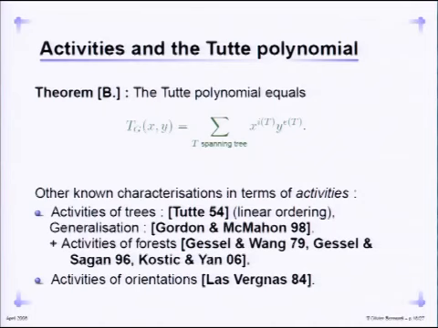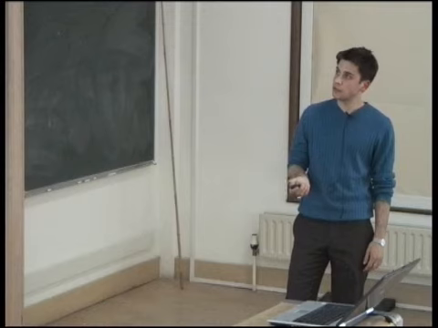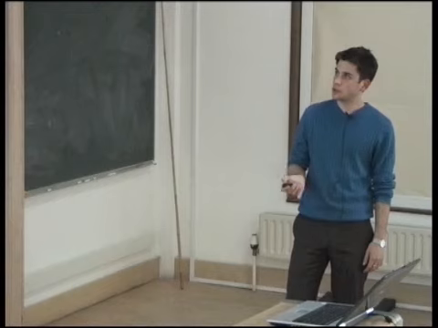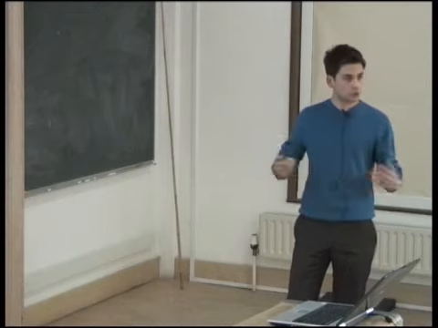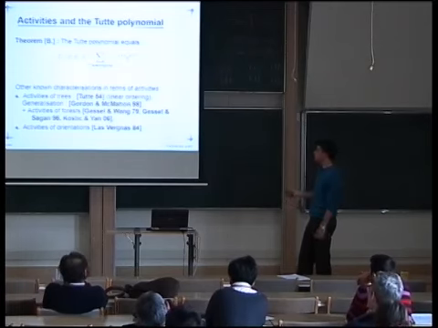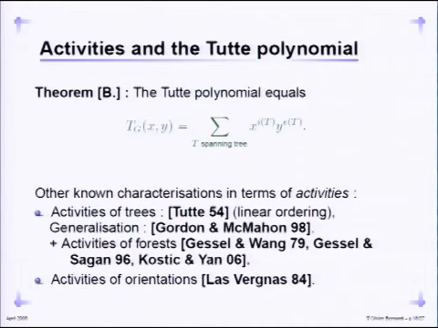Okay, so these activities of Tutte can in fact be seen as a special case. This paper by Gordon and McMahon gives a more general context in which you can obtain such a theorem. So does it include yours as well? This includes mine. When you want to prove that, more or less you are proving that you fit in this context.